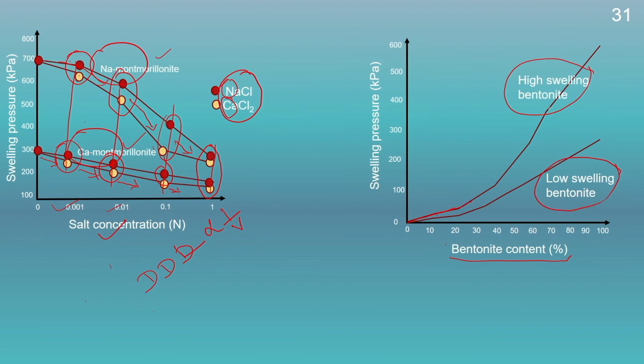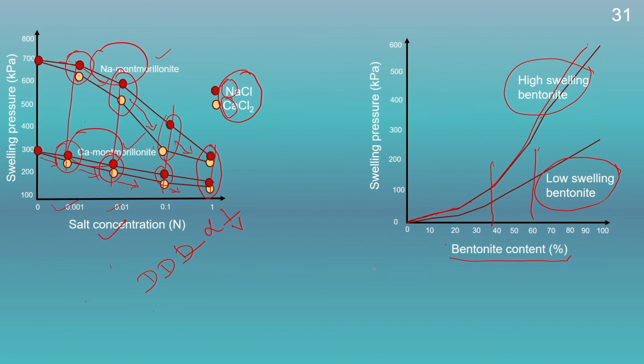If we compare both the swelling soils, we can see here after a certain fraction of the bentonite content or the montmorillonite content, the swelling pressure of the mixture containing high swelling bentonite increases rapidly, whereas for low swelling bentonite it needs a higher fraction of bentonite content to increase its swelling volume.